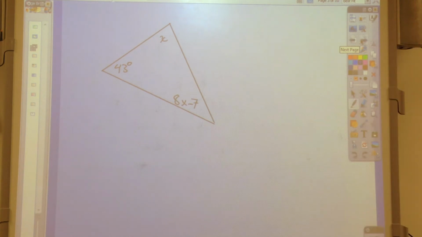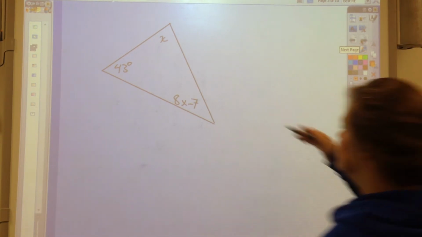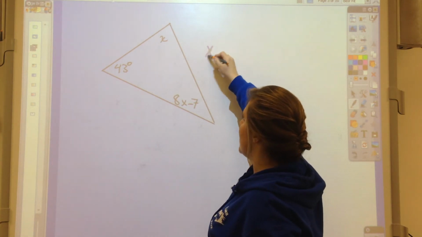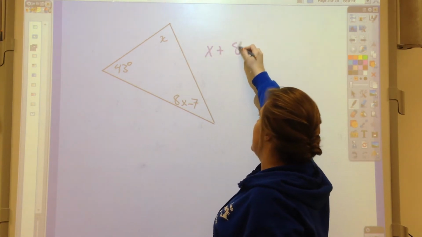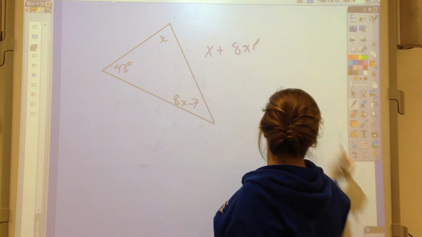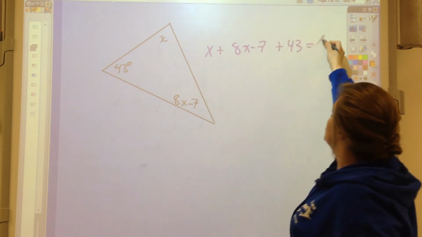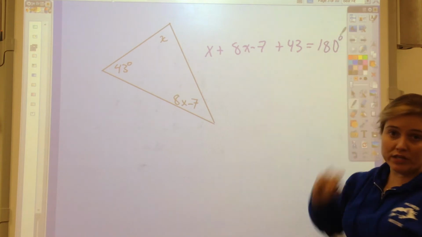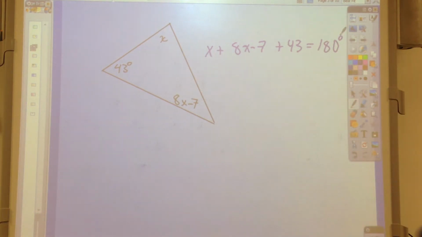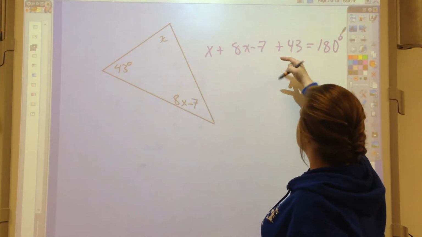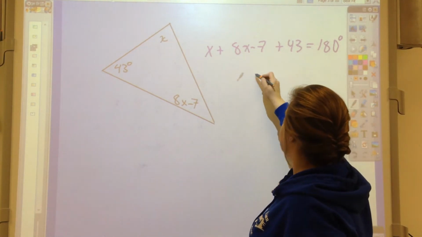Then what if I have a triangle that looks like this, where I have a variable in more than one position? I'm still going to set it up in the same way. I have x plus 8x minus 7 plus 43 degrees should equal 180 degrees. Now on the left-hand side, I'm going to combine like terms: negative 7 plus 43 and x plus 8x.